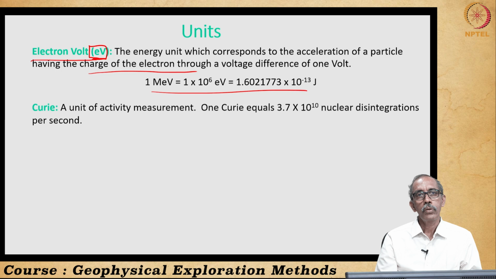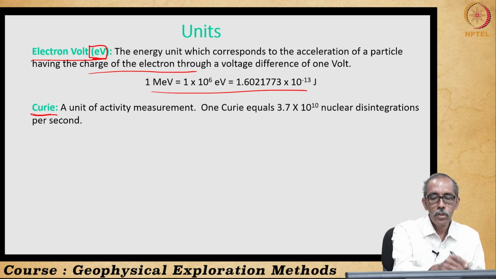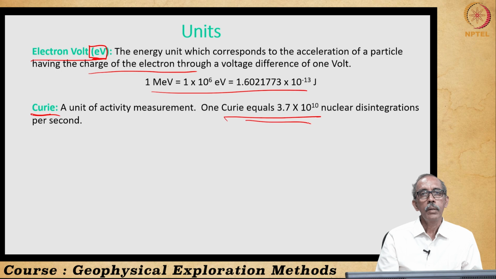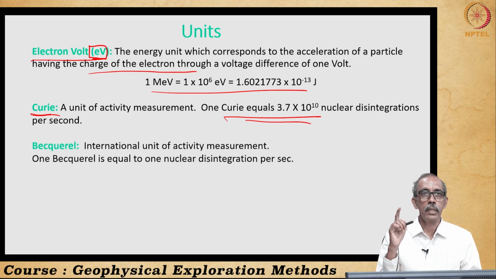The other unit of measurement is known as Curie. 1 Curie is equivalent to 3.7 into 10 power 10 nuclear disintegrations per second. If the nuclear disintegration is equivalent to 3.7 into 10 power 10, then it is called 1 Curie.